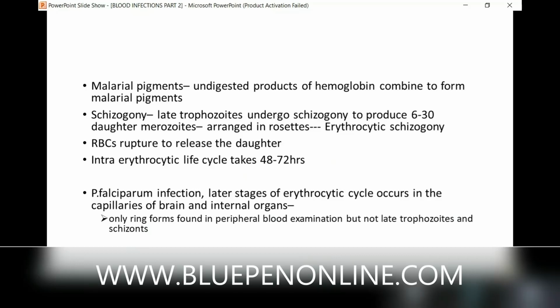That's why late trophozoites won't be found in the peripheral circulation of Plasmodium falciparum. Only ring forms are found in the peripheral blood examination, but not the late trophozoites and gametocytes. Understood, guys, right?